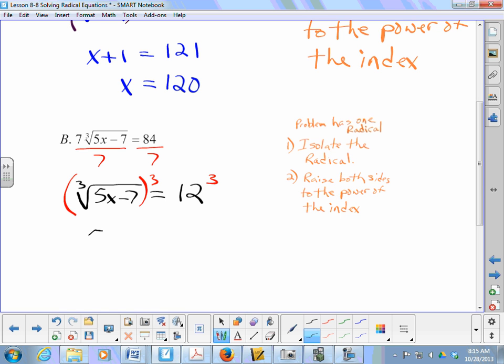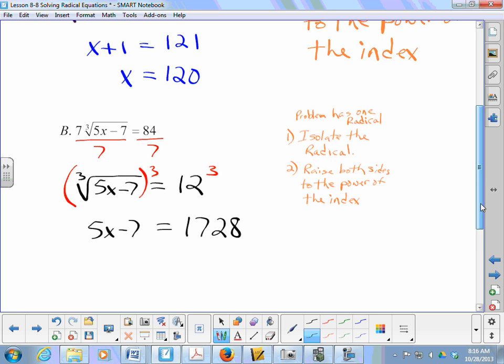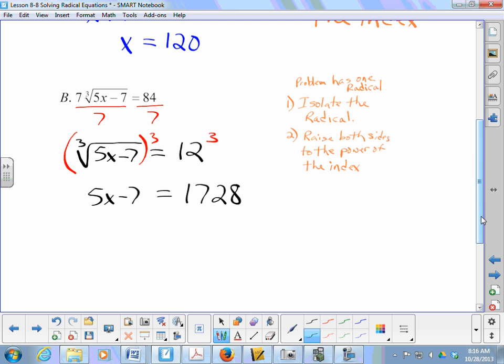So we get 5x minus 7 equals 1,728. Right. So we add 7 to that, 1,735, and then divide by 5.